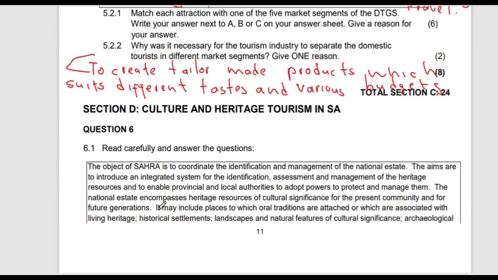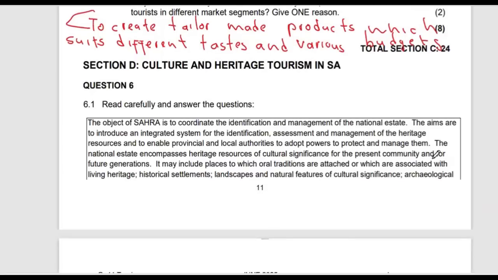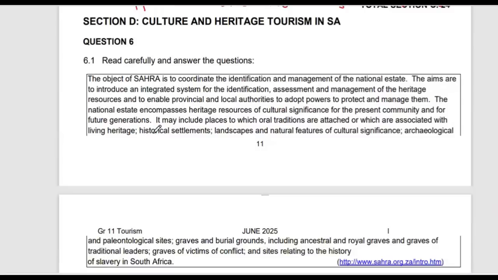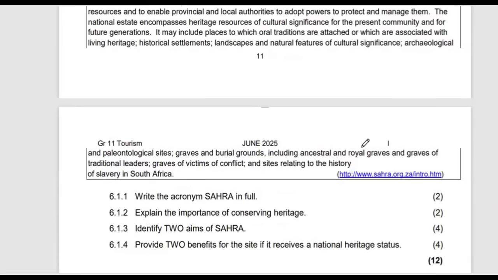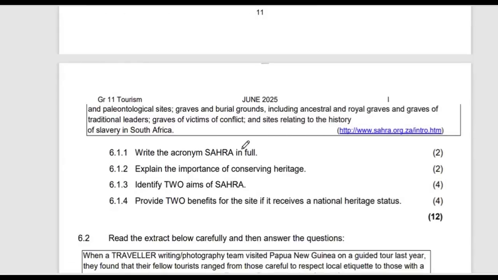For future generations, it may include places to which oral traditions are attached or which are associated with living heritage, historical settlements, landscapes, natural features of cultural significance, archaeological and paleontological sites, graves and burial grounds, including ancestral and royal graves and graves of traditional leaders, graves of victims of conflict, and sites relating to history.